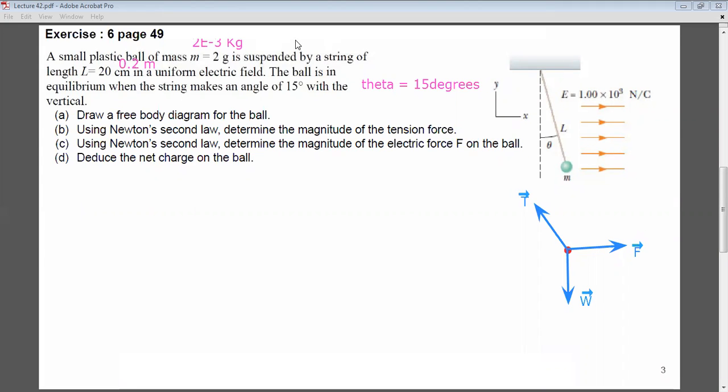Then I have to choose the x-axis and y-axis. So this will be the x-axis. This will be the y-axis. Okay. We notice that W and F are along the x-axis and the y-axis, but the tension is not. So let's get its components, because most probably we will use its components. Let's draw the components. So we will have Tx along the x, then we will have Ty.